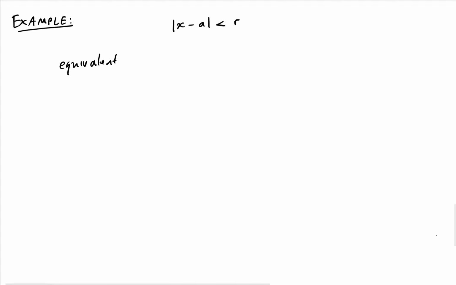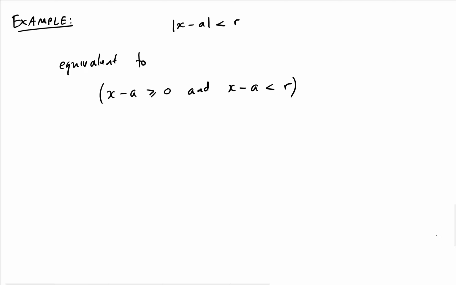well, we've got two cases. Absolute value is either equal to itself or a negative version of itself, depending on the sign. So it's equivalent to one of the following. First is where the inside of the absolute value is positive, and in that case, absolute value of x minus a will just be x minus a.